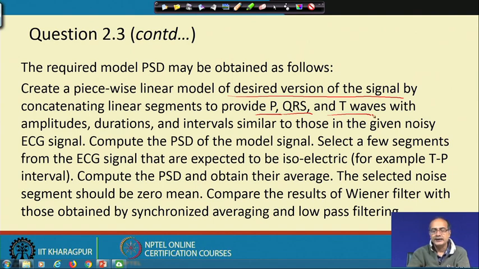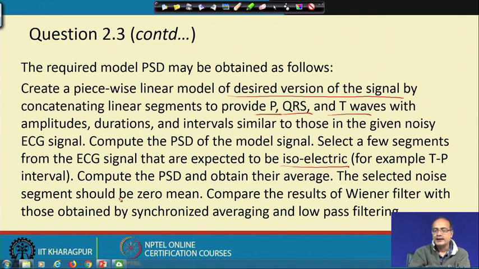So, we can take those parts, especially the space between the T wave and the next P wave, and that gives us the idea about the noise. We select a few segments of the ECG signal at the isoelectric line, a couple of these T to P segments, and we get the noise PSD by averaging these PSDs.